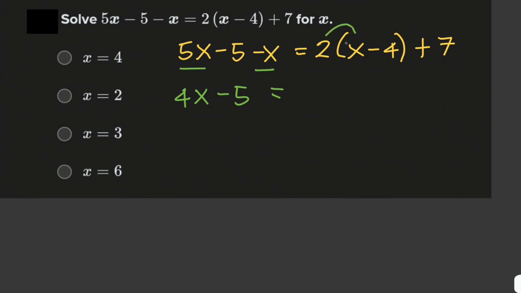Then we distribute 2 to the expression inside the parenthesis, which is x minus 4. So that is 2 times x, which is 2x. Then we multiply 2 and negative 4. So 2 times negative 4 is negative 8, then plus 7.